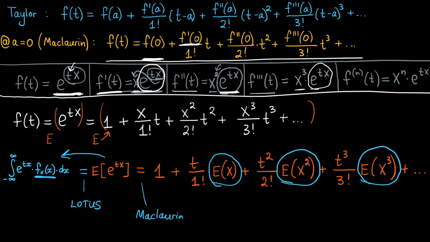Notice that LOTUS treats e to the power tx as a deterministic function of x, whereas Maclaurin on the right side, we're doing an expansion of this same expression, but when we treat it as a function of t. And now that we've written everything on one line, we can see the connection of the PDF and the moments, the infinite sequence of raw moments.